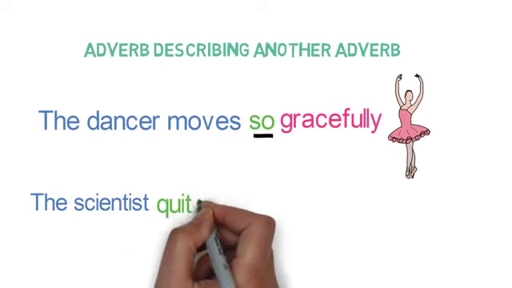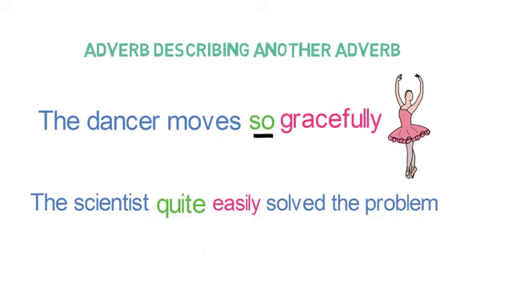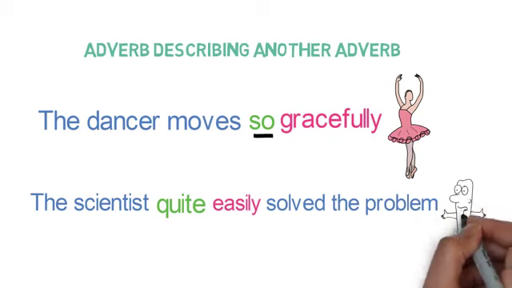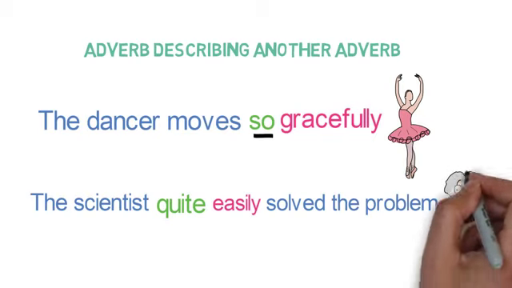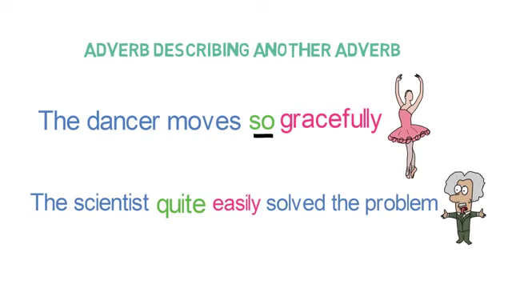The scientist quite easily solved the problem. Here, easily is describing the action of solving the problem. So it is an adverb. But the word quite is used here to describe the adverb easily. So quite is an adverb here and is actually describing another adverb, easily. So these are the basics about adverbs that you should know.